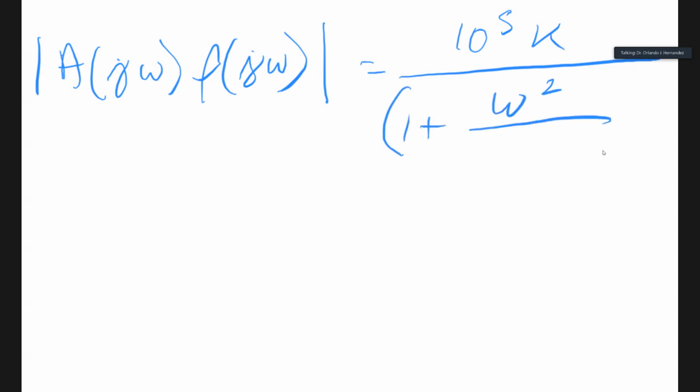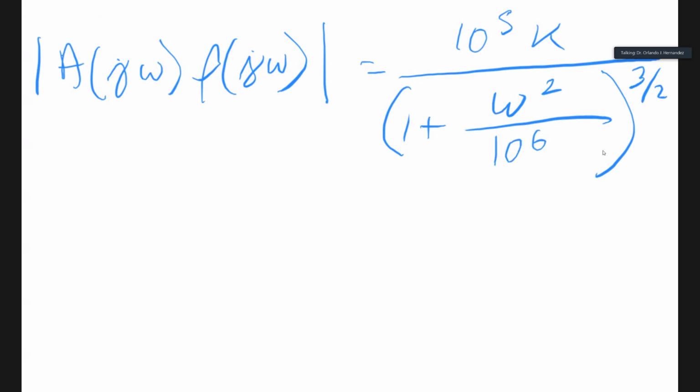If you do the algebra, this is what you get, okay? Divided by 10 to the 6 to the 1.5 power, okay? That's just taking the algebraic magnitude.